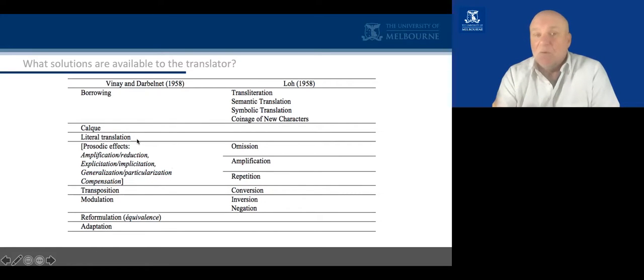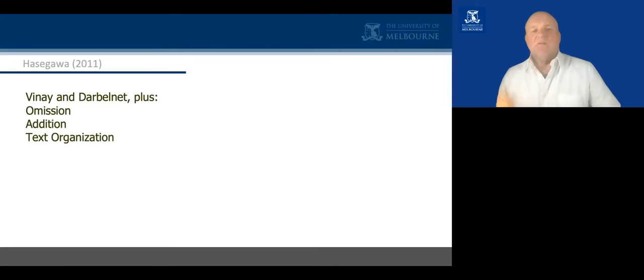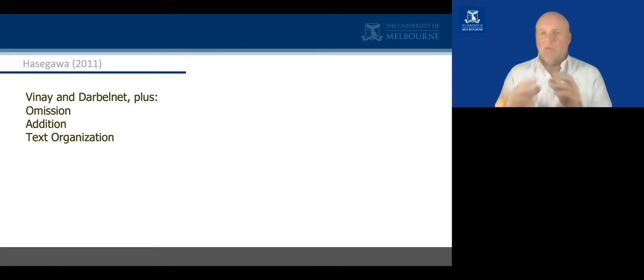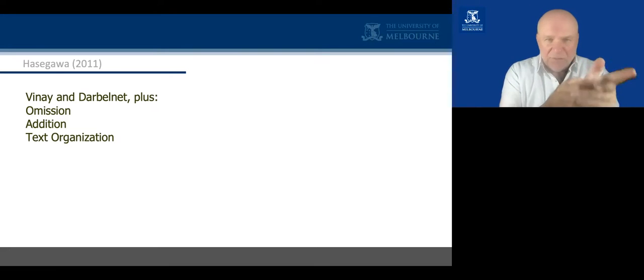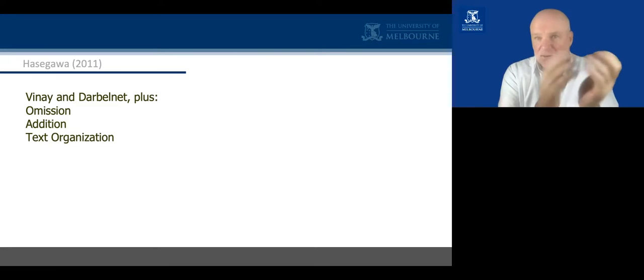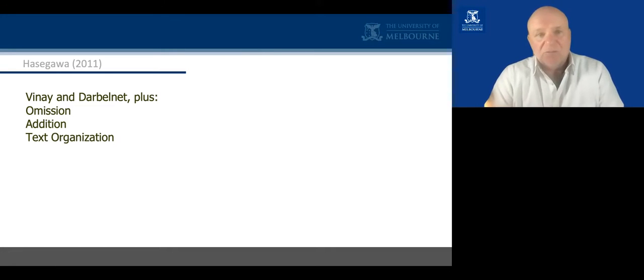Vinay and Darbelnet were working from Swiss stylistics, Charles Bally, and this was coming through translations of Fedorov from Russian. People don't give up. Vinay and Darbelnet's categories, even though they were written for French and English, are used in a textbook for English and Japanese, even though Japanese is syntactically a radically different language.